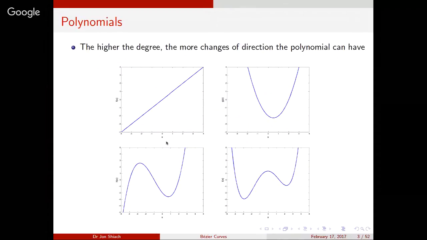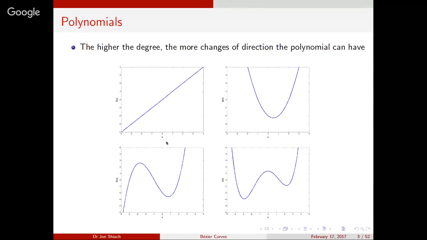One thing to realise, I've graphed a few examples of polynomials here. Essentially what I want you to take from this slide is that the higher the degree of the polynomial, the more changes in direction the curve has. A degree 1 polynomial, a straight line, has 0 changes of direction. A quadratic, degree 2, has 1 change of direction.